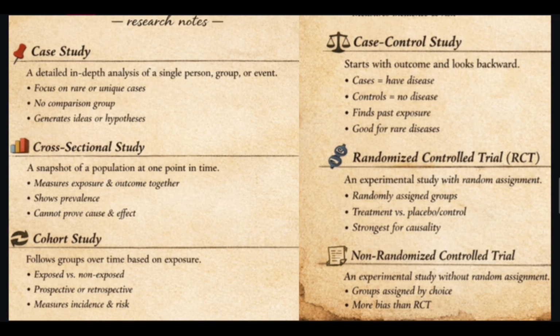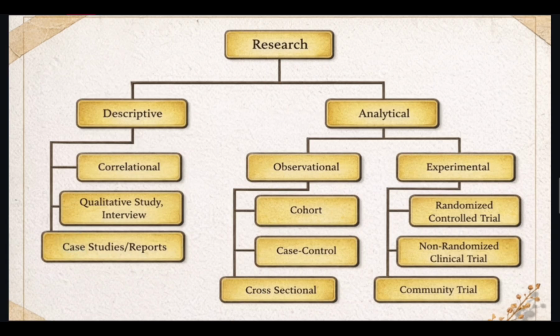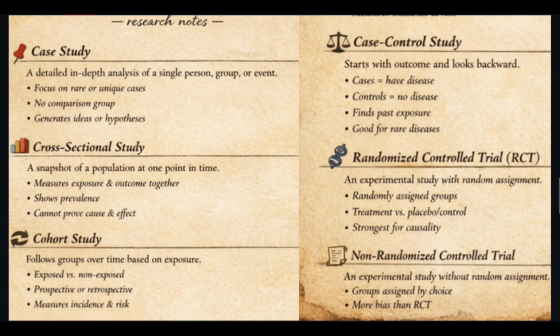And then in analytical experimental, we have the randomized control trials and the non-randomized control trials. I don't think I would be discussing these in detail because it's kind of high level, but for the definition's sake, it's treatment versus placebo style. It could be blind, where the patients do not know whether they are going to get the treatment or the placebo.